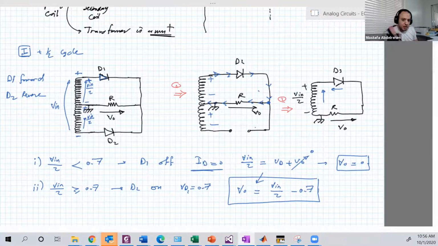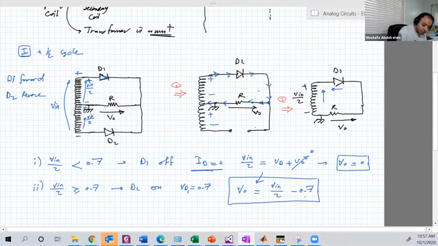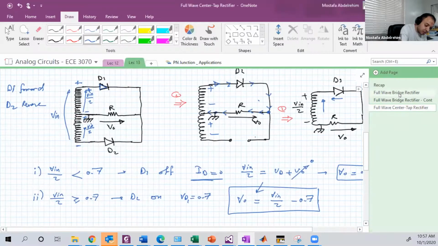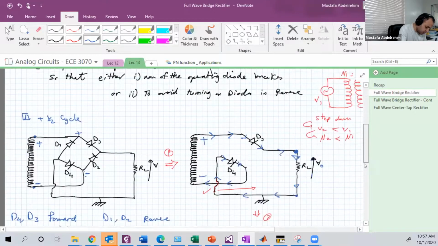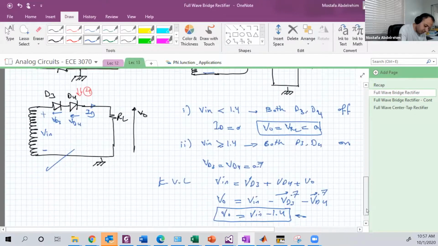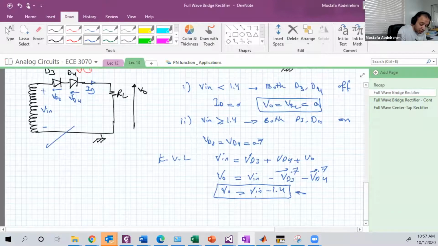So before continuing, which is better, this or the bridge full wave rectifier? Any idea? Let's compare them. So VO is equal to V input over 2 minus 0.7 for this one. For the bridge, in the positive half cycle, VO is equal to V input minus 1.4.